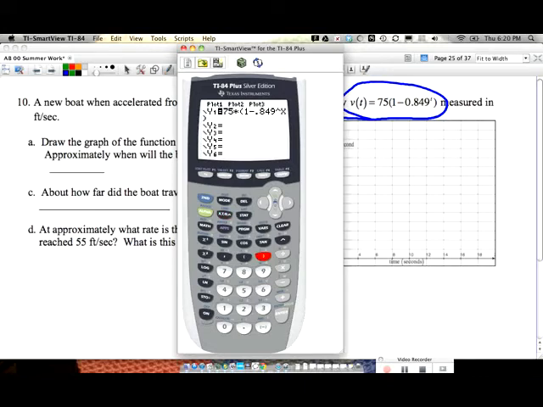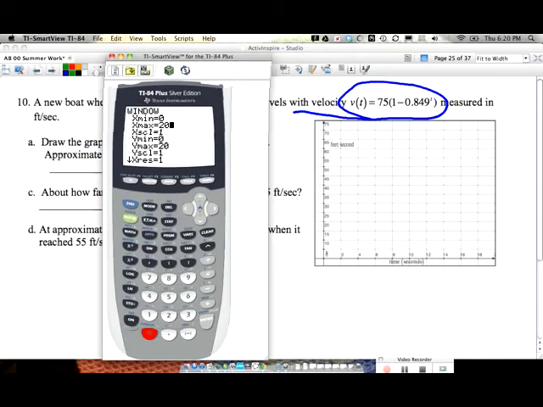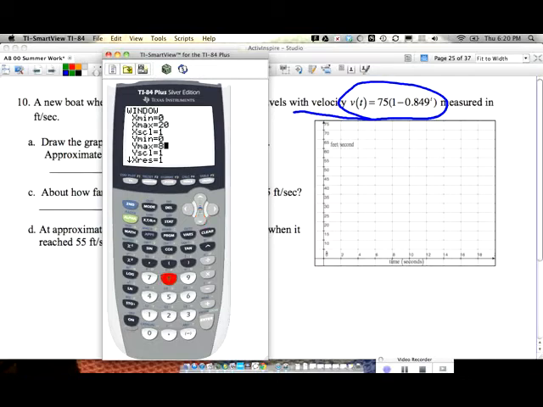Looks like our window goes from about 0 to 20. And our y values, how far do our y values go? From 0 to about 80. So we need to raise our y value up to 80. And since we're going up to 80, this is counting by 5s. Let's do that as well. If you notice, the vertical part of the graph is counting by 5s, and the horizontal part is counting by 2s.